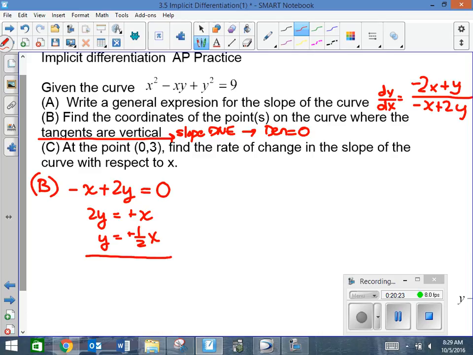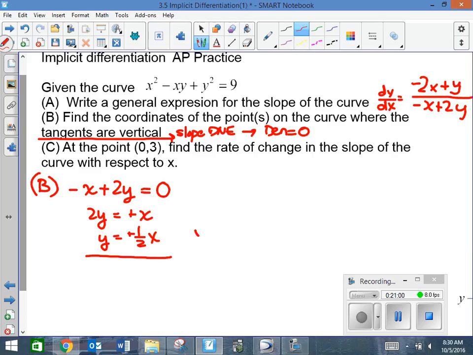So how do we get some coordinates out of that? You have an x and a y, and you need another relationship. Do we have another x and y relationship? It is a circle, actually, but that isn't solved in that form yet.